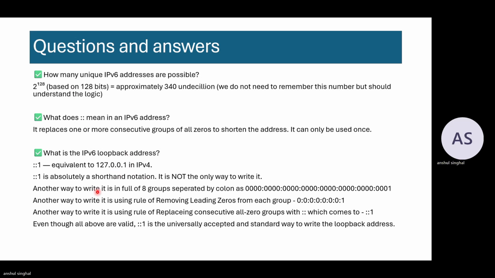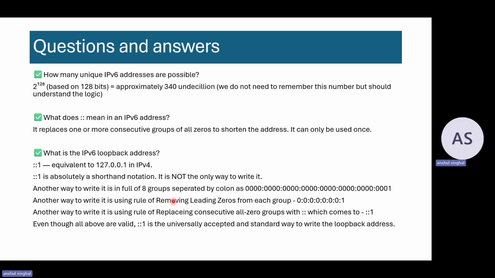Equivalent to the 127.0.0.1 loopback address in IPv4, we have ::1 as the loopback address for IPv6. It's just a shorthand notation, not the only way to write it.